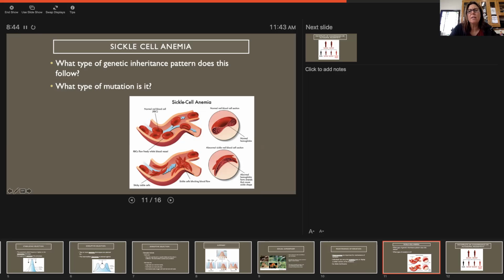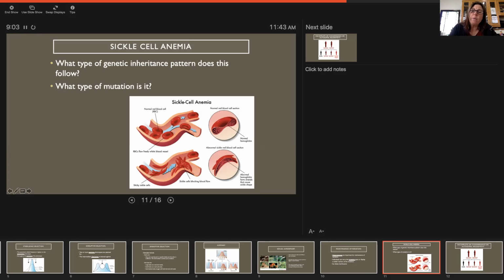And with this sickle cell shape, it tends to clog the capillaries, the blood vessels, which can cause lack of oxygen to major organs, cells, and tissues, which could cause organ failure.